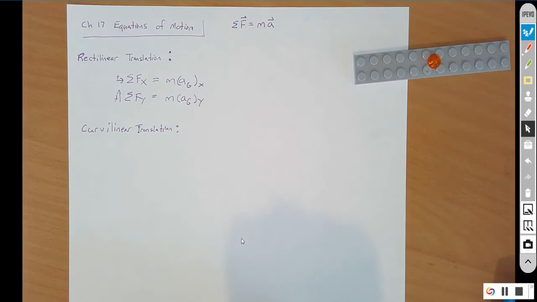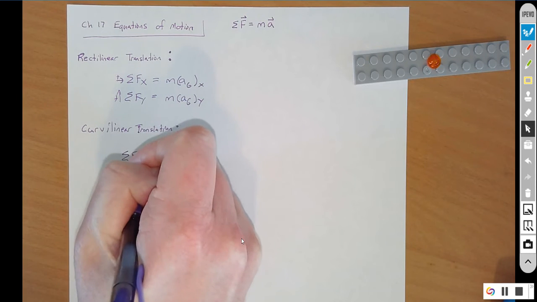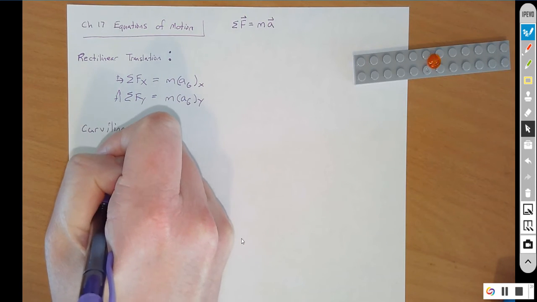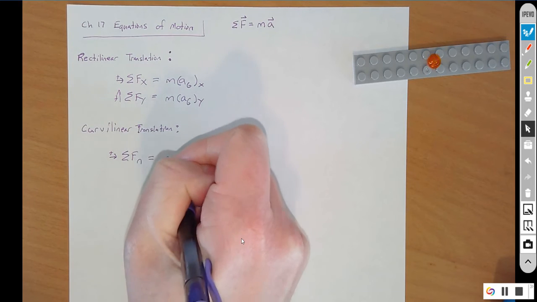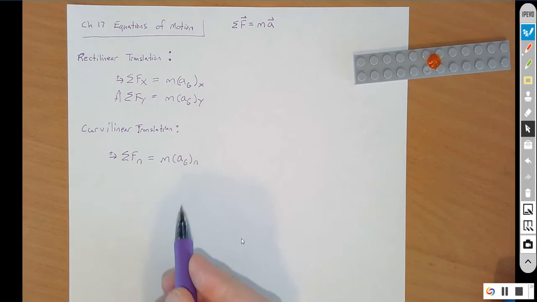So in that case, we want to use something like normal-tangential or r-theta coordinates. The book is going to generally just use normal-tangential. So we'll have sum of forces in the normal direction equal to mass times acceleration of the center of gravity in the normal direction, but this doesn't tend to be very useful.